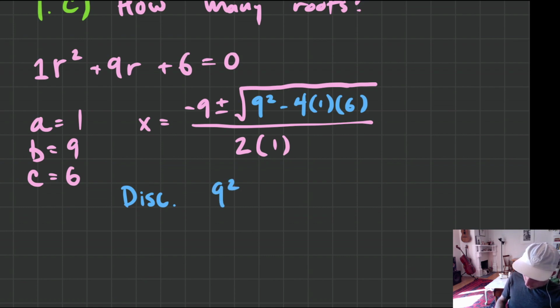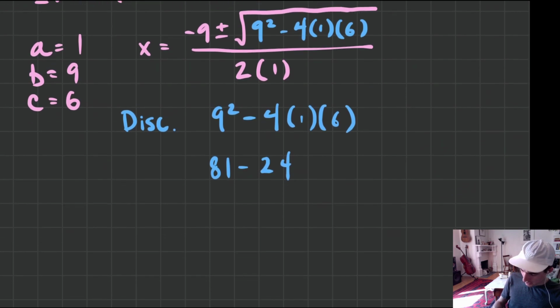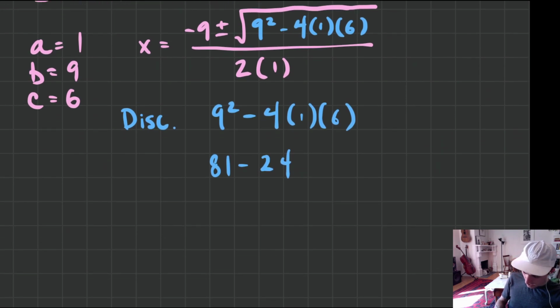That's going to be 9 squared minus 4 times 1 times 6, or in other words, 81 minus 24, and 80 minus 25 is 55, so I think it's 57. In any case, it's positive.